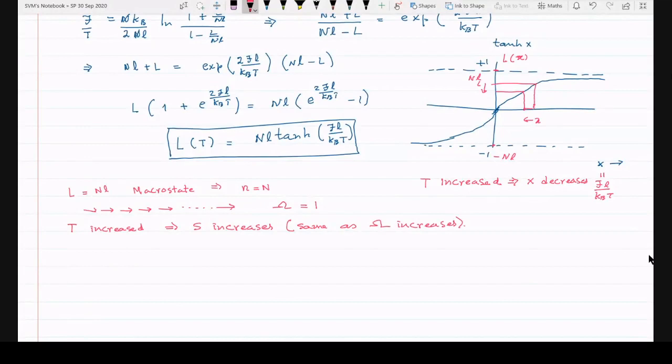So omega is large for small length. In fact, it is largest for L equal to 0. That means for L equal to 0, omega is maximum, which implies that your small n is equal to N by 2.